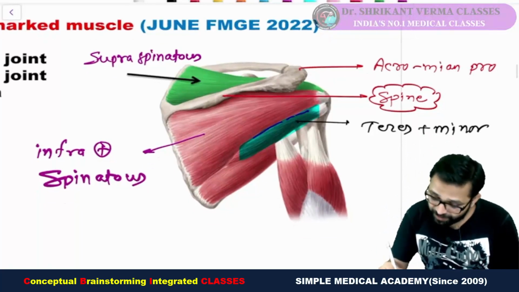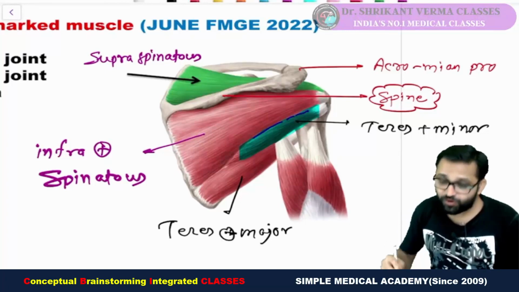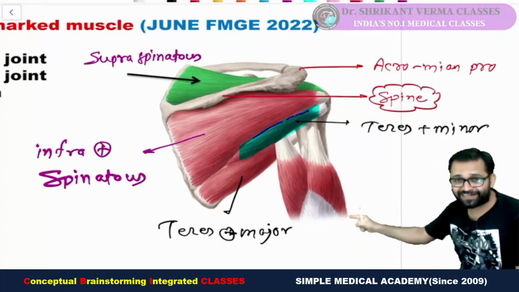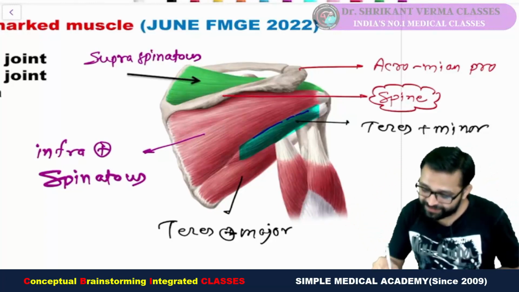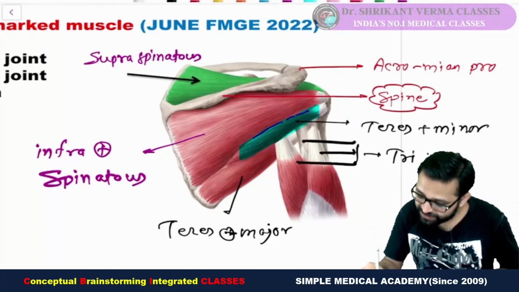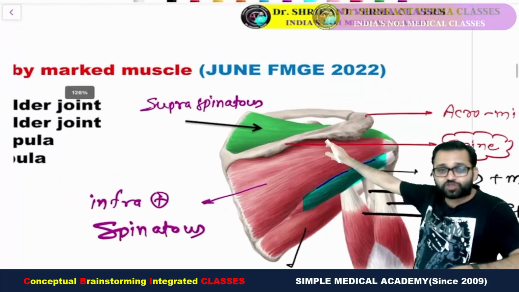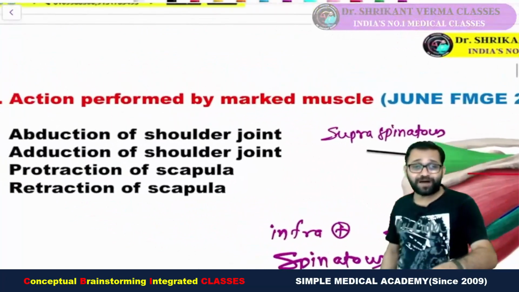And here you can see a comparatively bigger muscle, that's why this is teres major. Break the name and get the idea. And here this muscle has 3 heads, 1, 2 and 3, that's why this is triceps. So definitely this shown muscle is our supraspinatus.